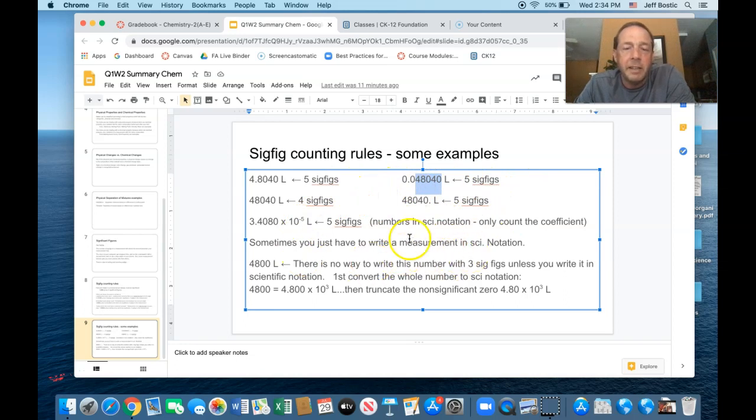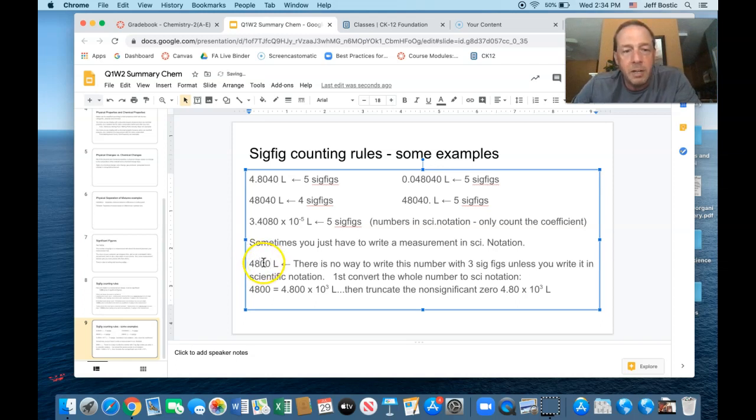Probably the toughest, you know how tests generally have a last question that's pretty tough. This is typically a pretty tough question where the question will say, write this number with 3 significant figures. You're like, okay, well the number is 4,800. So if I put a decimal point there, oh no, that makes both of those ending zeros significant, so that's 4.